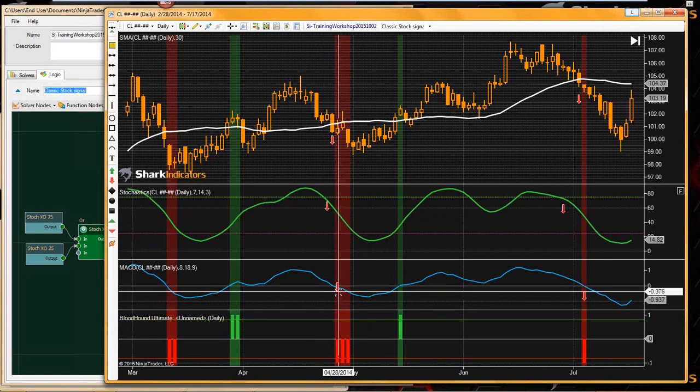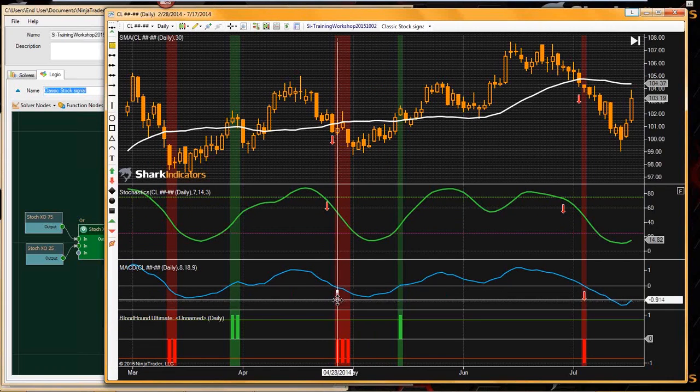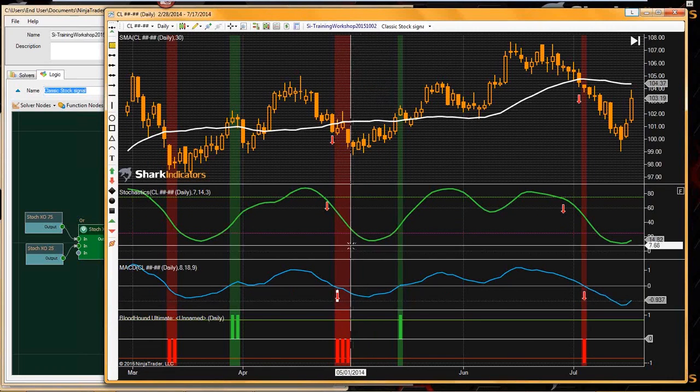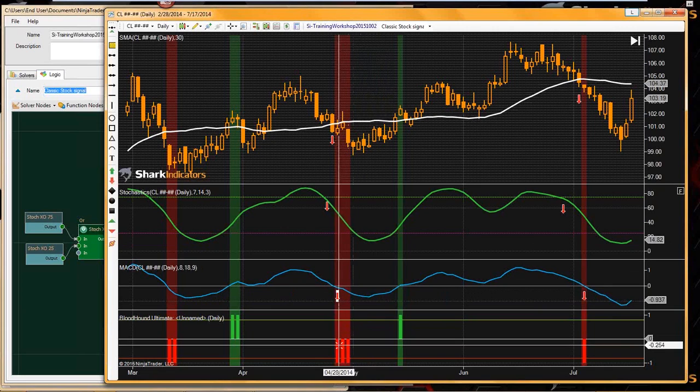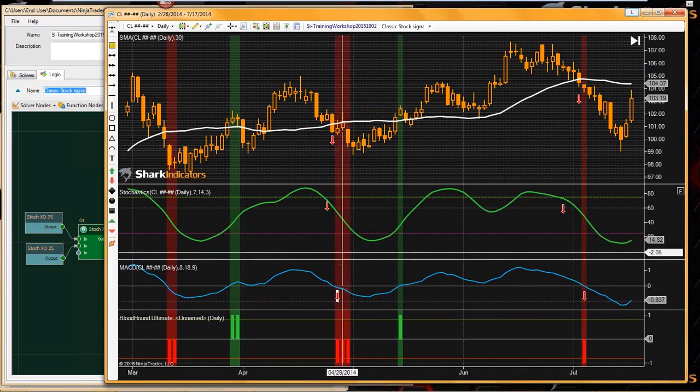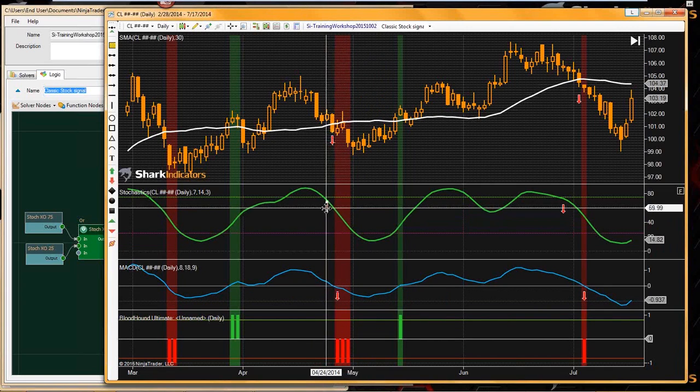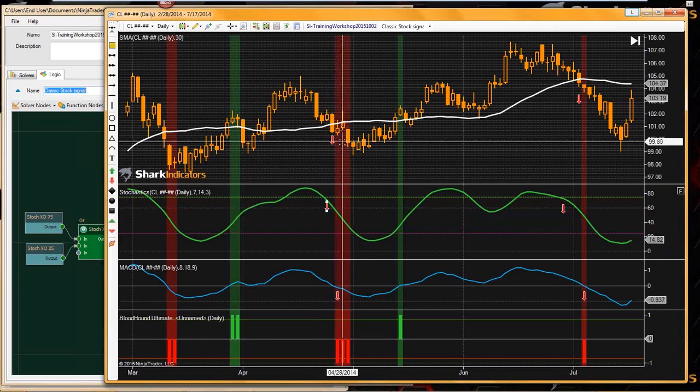And the MACD crossed down there. So we're getting these extra signals here because if you remember, we're taking everything and then extending it forward.